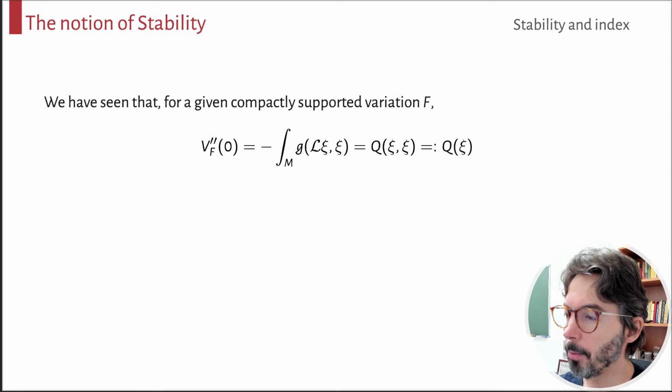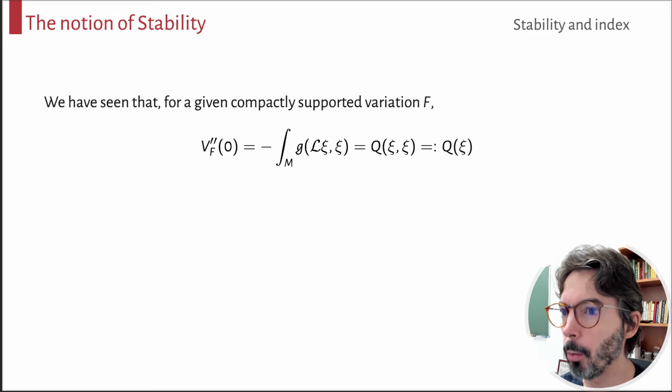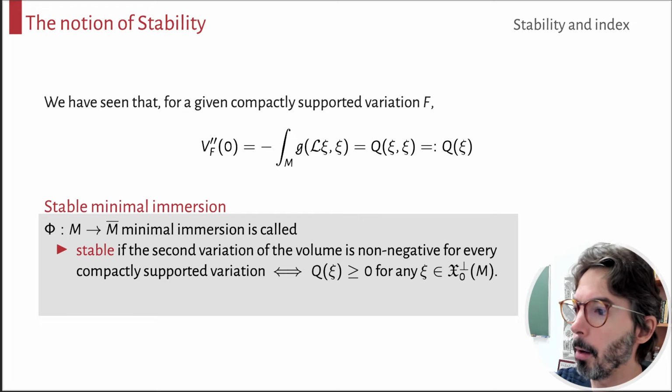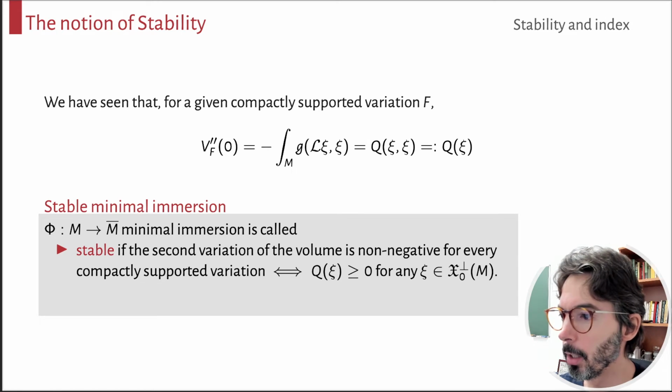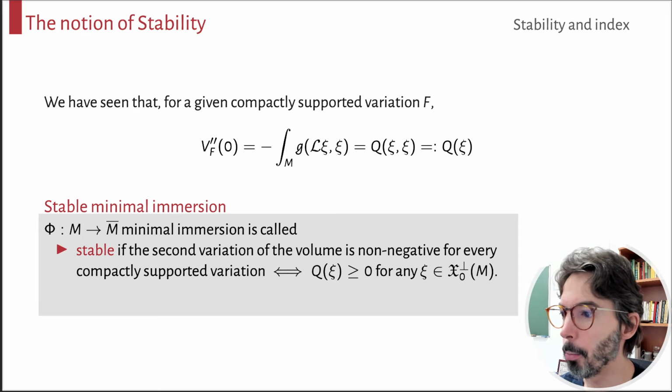So we have already seen that for a given compactly supported variation, the second variation of the volume is just the index form over the normal component of the variational vector field. Hence, the notion of stability appears. So we will call a minimal immersion stable if the second variation of the volume is non-negative for every compactly supported variation.